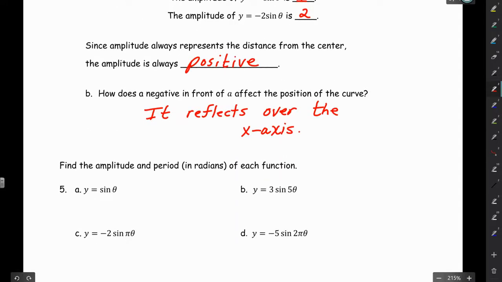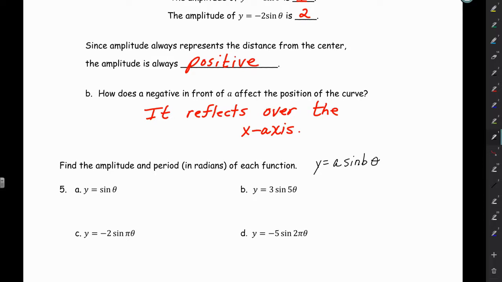For each of the following, find the amplitude and the period in radians of each function. All right, so we have y equals sine theta. And you might want to make a note here that this function is in the form of y equals a sine b theta. A represents the amplitude and B represents the number of cycles.